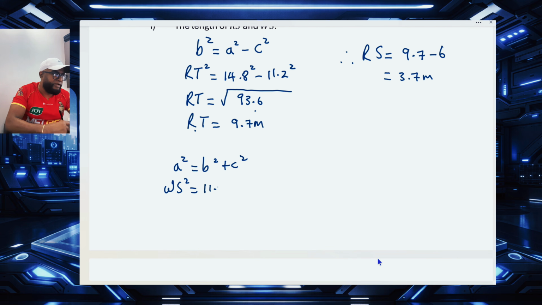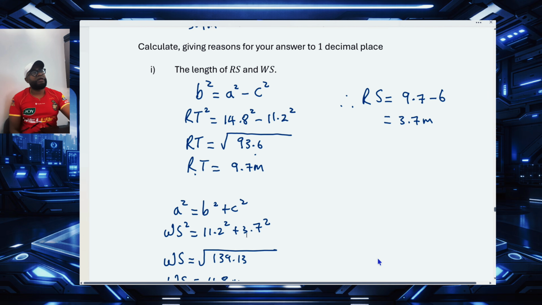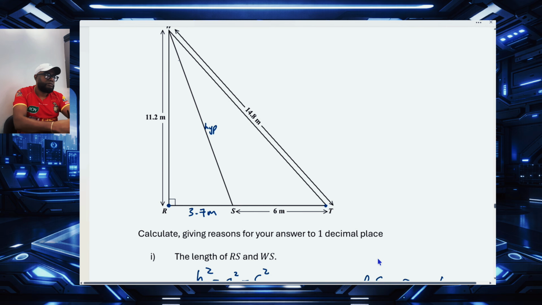So 11.2 squared plus 3.7 squared. WS is equal to the square root of what? WS will be equal to 11.8 meters. Top done? Yeah.